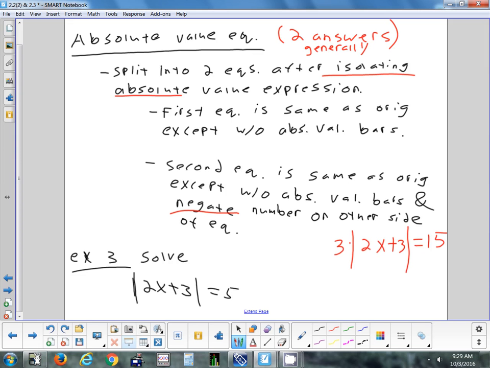Subtract 6. If you had a plus in here, then you would subtract it. But since this is multiplication, you want to divide it. Yeah, we want to divide by 3 and by 3. And if you do that, you get exactly the problem I have right here. Absolute value of 2x plus 3 equals 5.